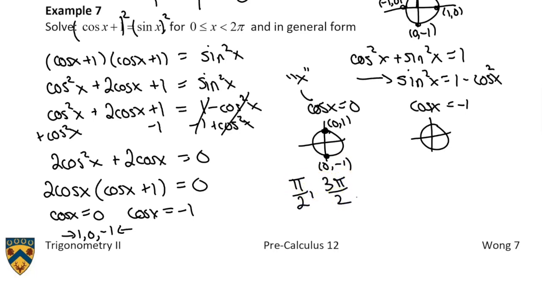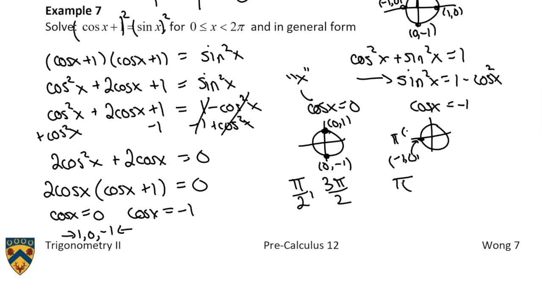And cosine is going to equal -1. We have -1 right here, and that's at pi, right at (-1, 0). And so because of that, you get another solution at pi. And so our three solutions are pi, pi over 2, and 3 pi over 2.